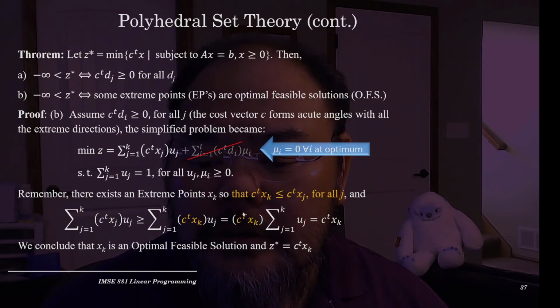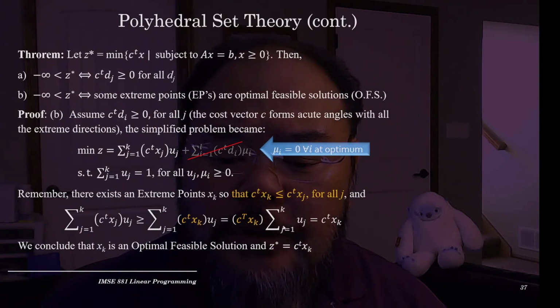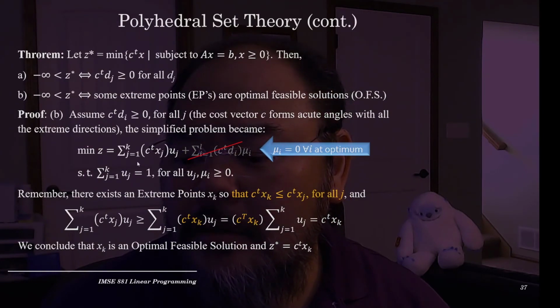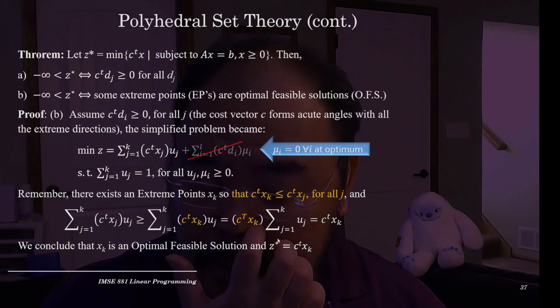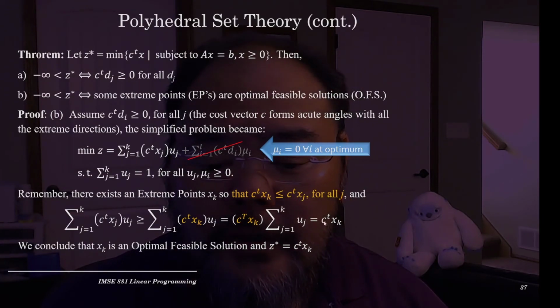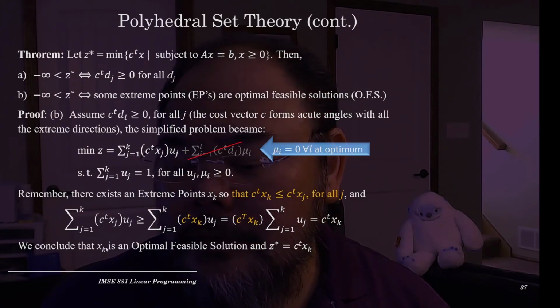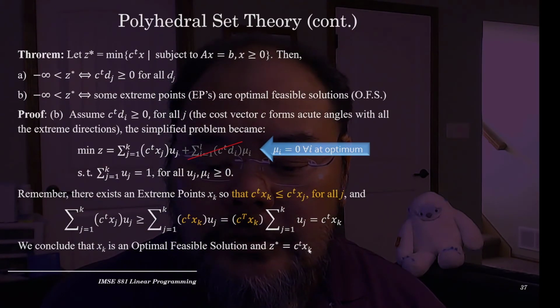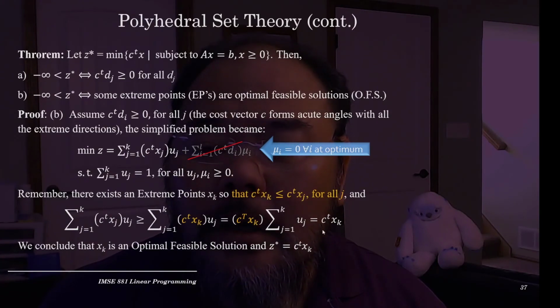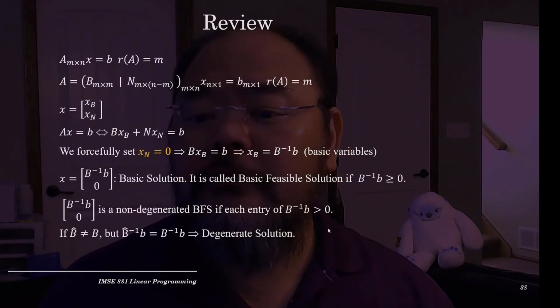So it will be c transpose times x_k times the summation of mu_j, and the sum of mu_j, based on our constraint, has to be equal to 1, I'm sorry. And so the whole thing equals c transpose times x_k, which is the optimal solution. So that means x_k is the optimal feasible solution, and z star equals c transpose times x_k. All right, so this is fairly straightforward.